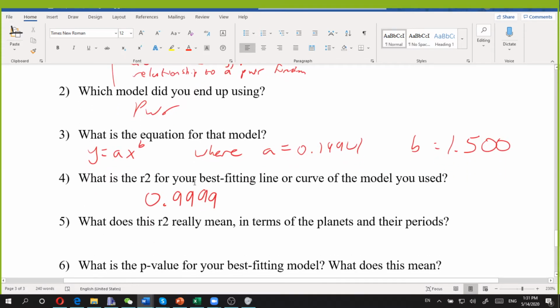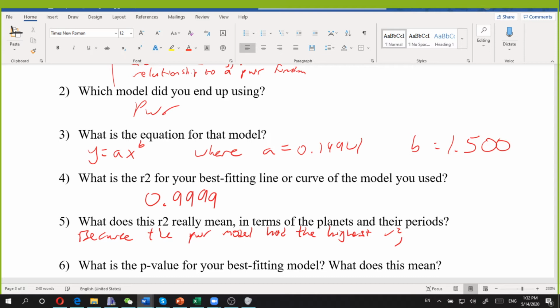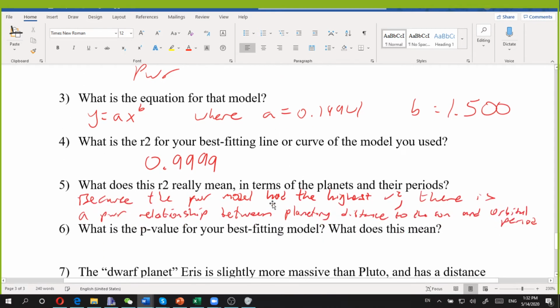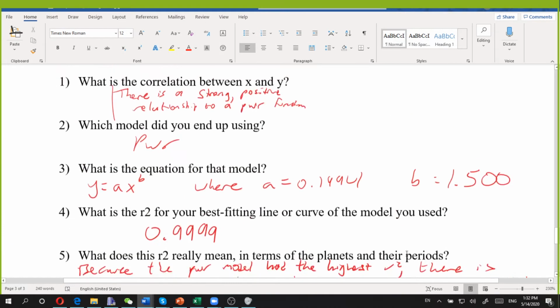Because the power model had the highest r squared, there is a power relationship between planetary distance to the sun and orbital period, which we were able to prove exactly what type of power relationship by undoing it.